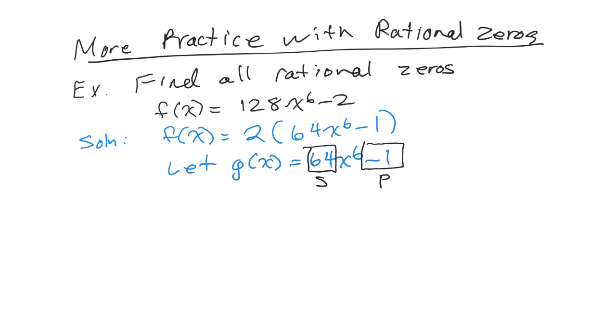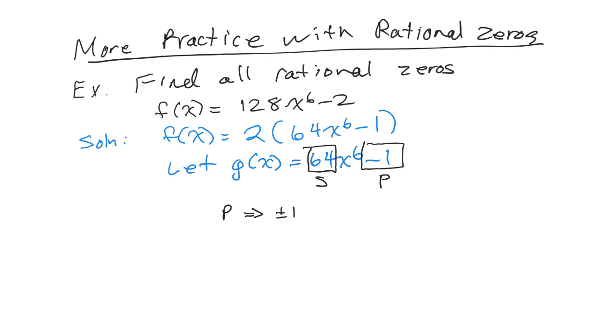So we have a problem here, because the p value is just going to tell us that we have plus or minus 1, and that's it. So there's factors of plus or minus 1 for -1.